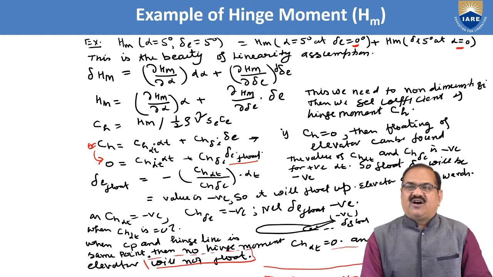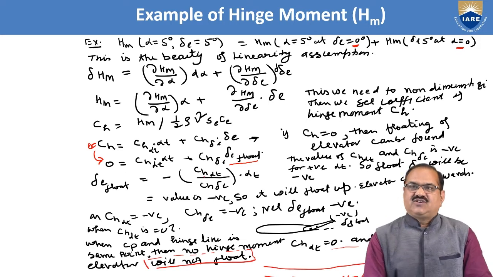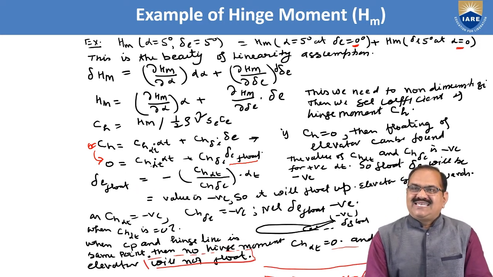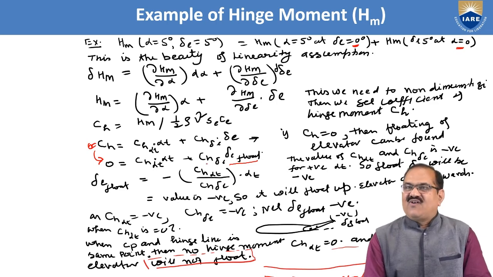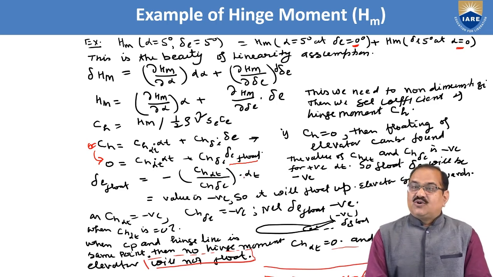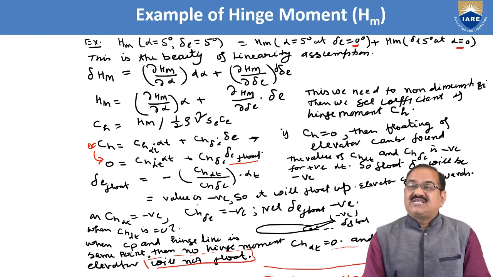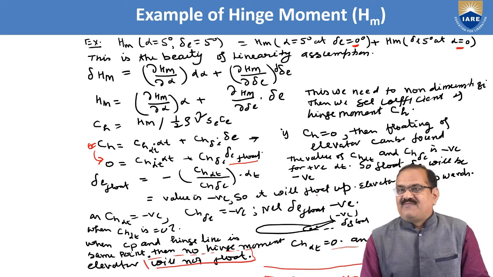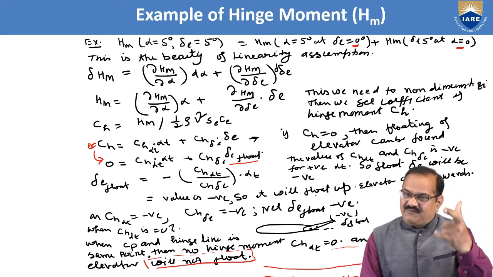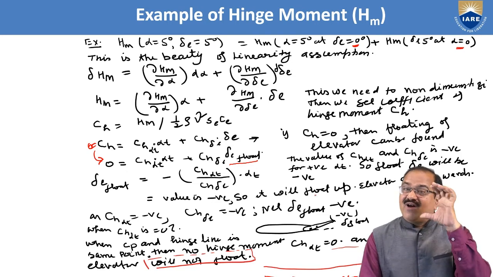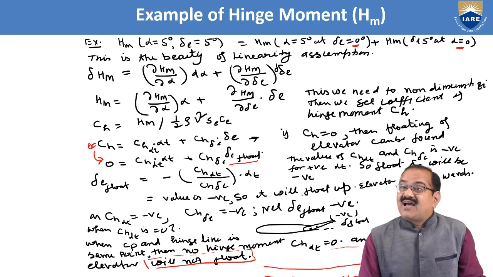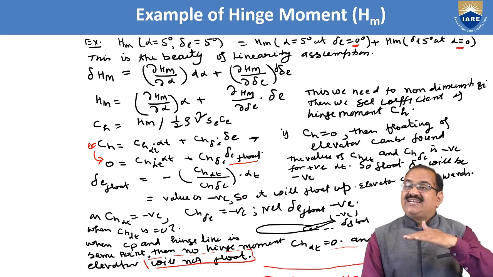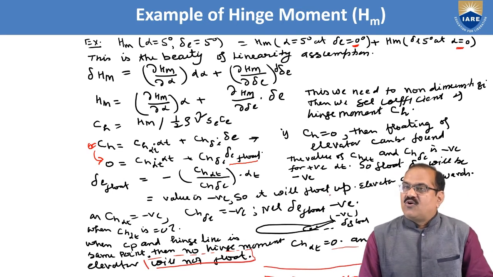So now we can find delta E float is equal to minus CH alpha T divided by CH delta E, into alpha T. Here we can see that the value of delta E float is negative, so it will float up. As we defined earlier, if the value of elevator deflection is negative, it shows that it is going up.